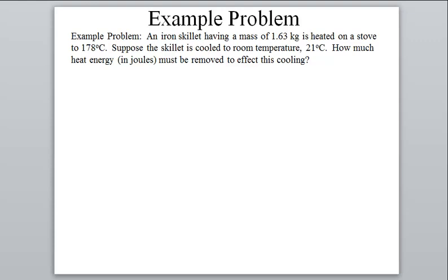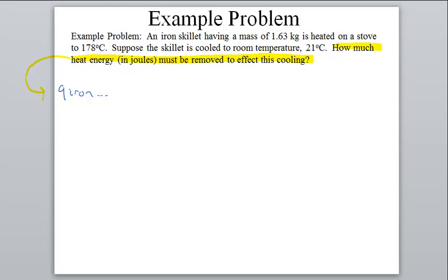So we have an iron skillet, an iron pan, so it's 100% iron, and it's heated to a really high temperature. The question wants to know what's the heat from the iron if it cools to a lower temperature. So that Q of the iron. How much heat flows from the iron when it starts at that high temperature and cools to that room temperature?